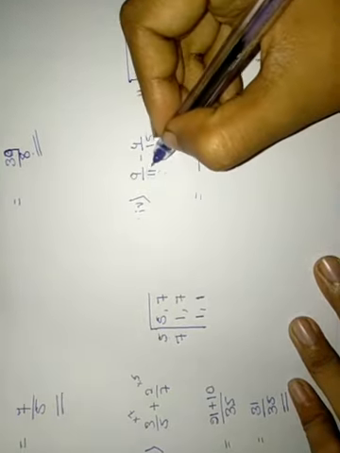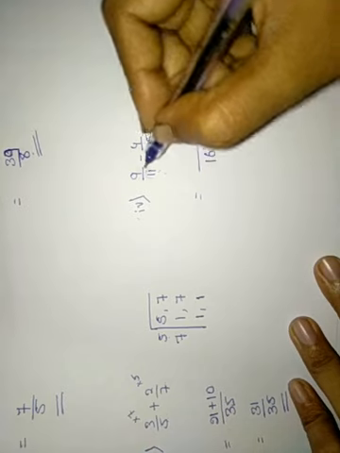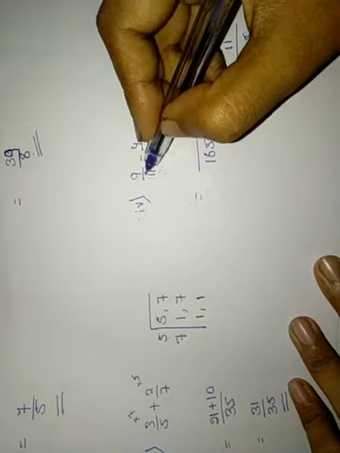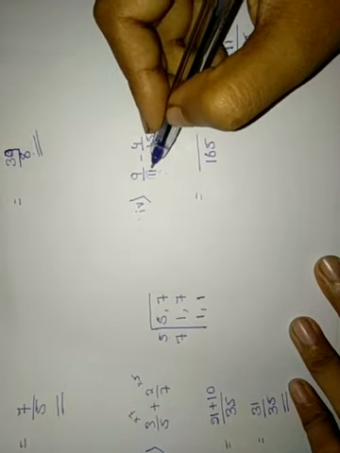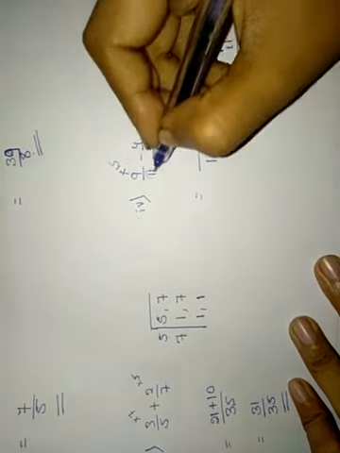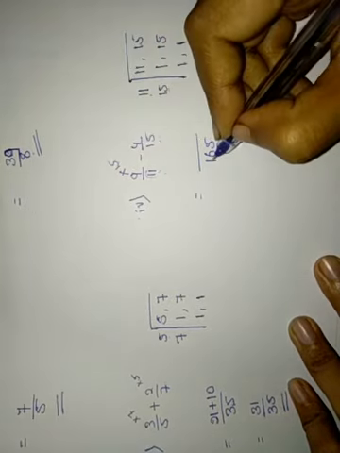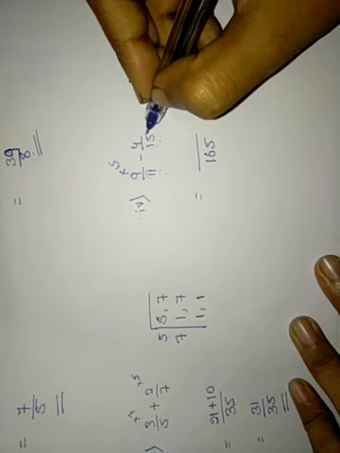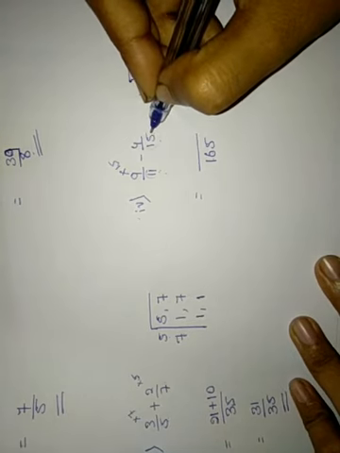To make this denominator 165, because the LCM is what? 165, yes or no? So I will make this denominator 165. To make it, I will multiply it by 15. 11 15s are 165. And here also I will make the denominator value 165.